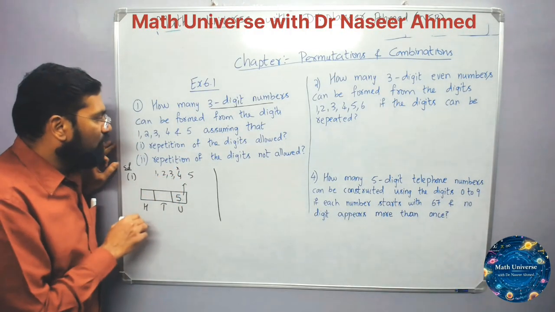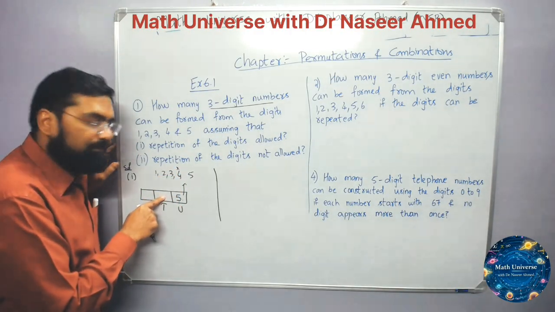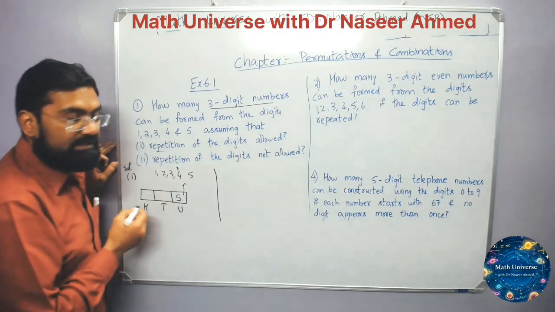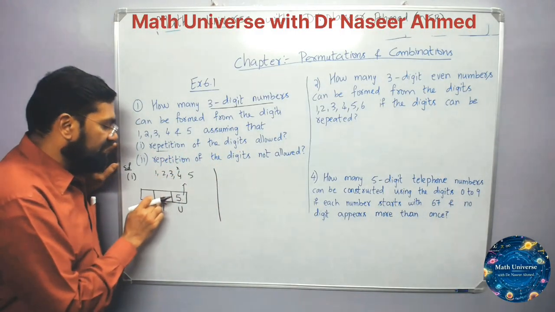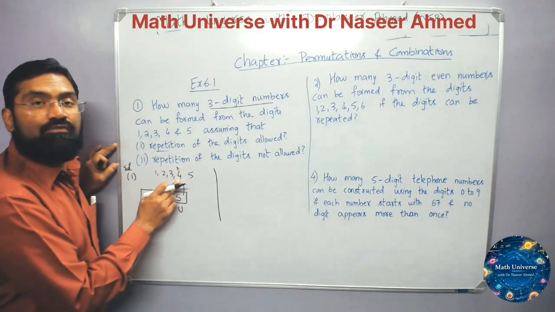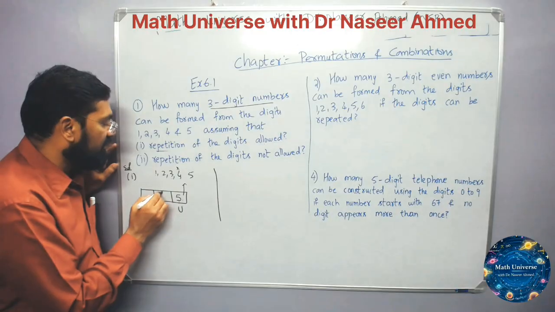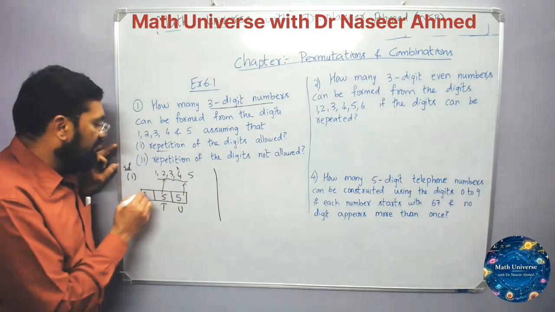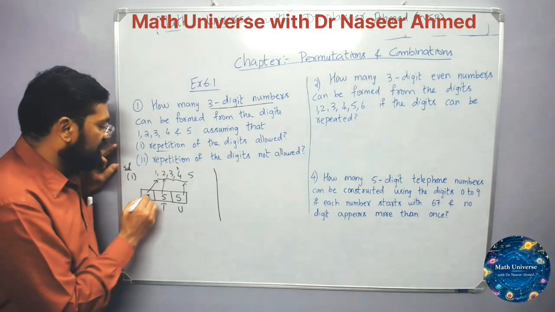Now, when I'm going to fill the 10s place, again observe the question: repetition allowed. Since repetition is allowed, when I fill here, 1, 2, 3, 5 as well as 4 can also be filled. So again any one of the 5. Similarly, in the 100s place also any one of the 5.